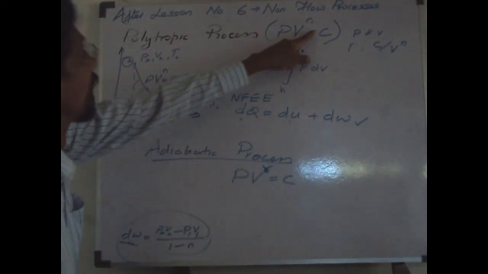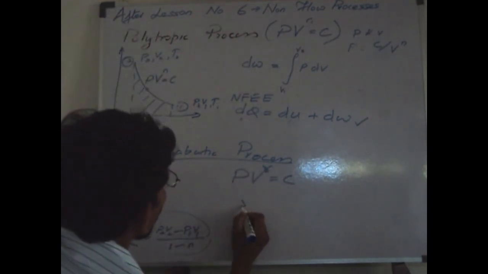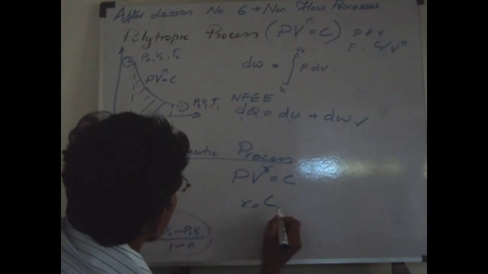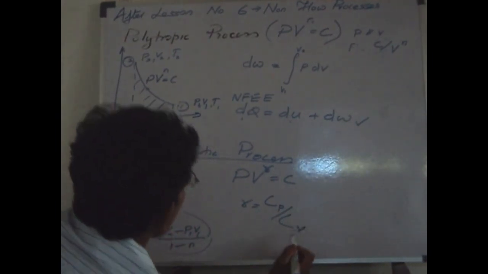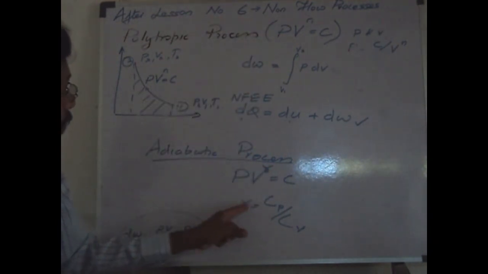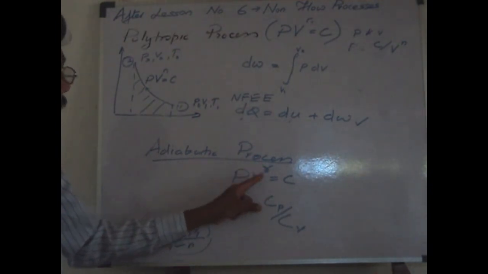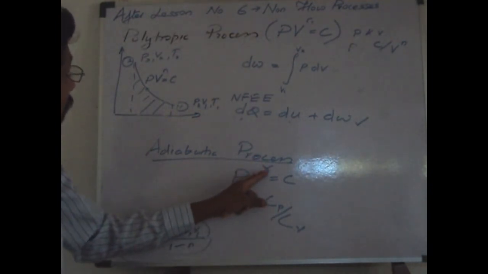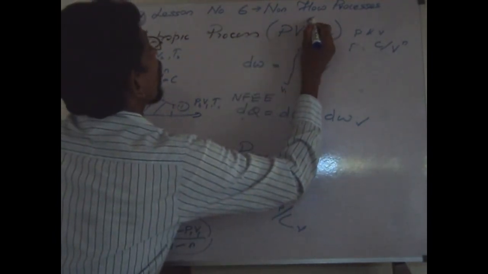Instead of n, you have gamma here. What is this gamma? As we have studied, gamma is equal to Cp over Cv. That means PV to the power gamma is a special case of the polytropic process, where the index gamma is the index of compression or expansion.